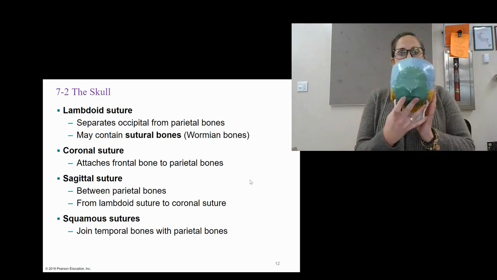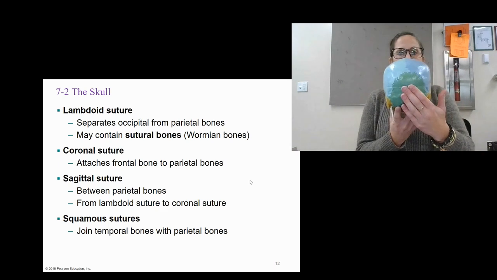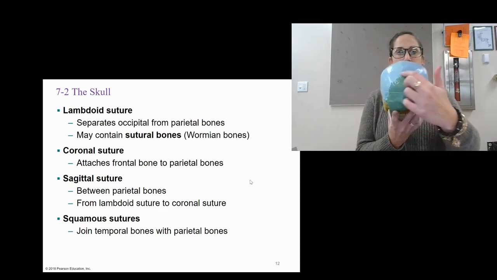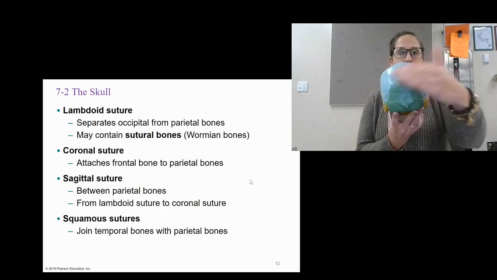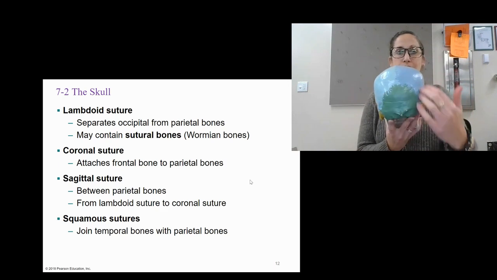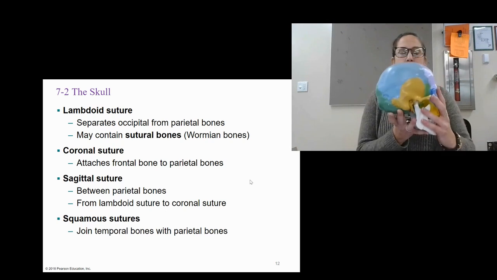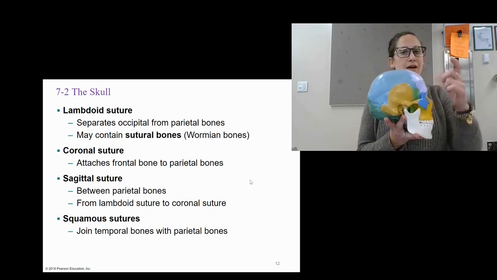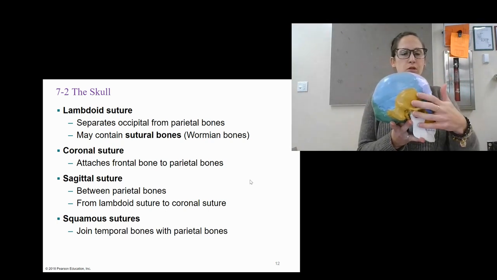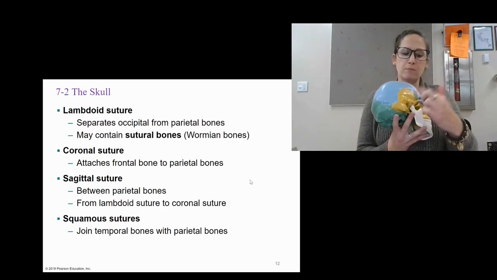As we look on the posterior portion of the skull, here's our occipital bone. You have a lambdoid suture located there, shaped sort of like the Greek letter lambda, connecting the occipital to the 2 parietal bones. And then we go to the left or right side, and you'll have these sutures on both sides. I'm just showing you the right. You have your temporal bone here.